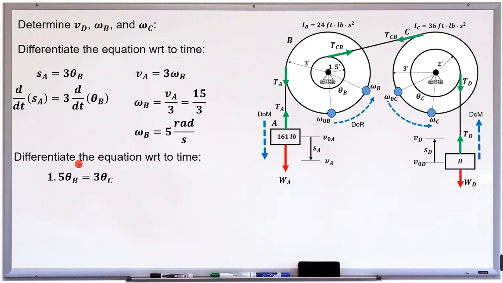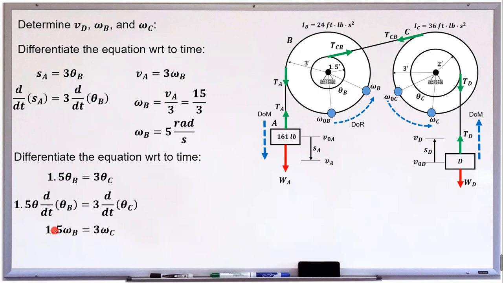Next, we will differentiate with respect to time this equation, which relates the linear displacement of the rope that connects cylinder B and cylinder C. So this rope right here. We have this equation 1.5 theta B is equal to 3 theta C, differentiating both sides with respect to time so that we can arrive at an equation that relates the angular velocities.